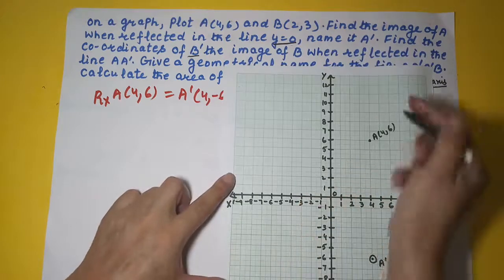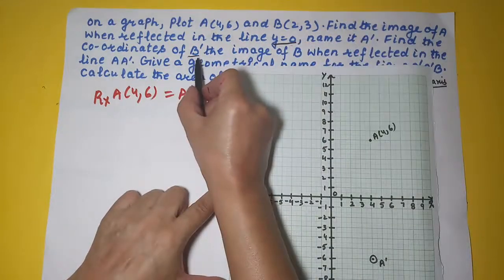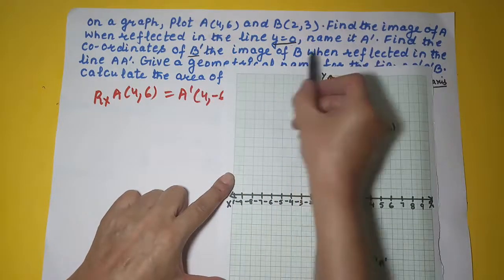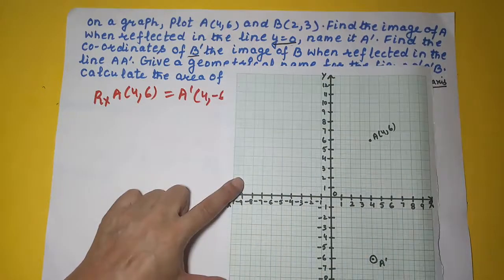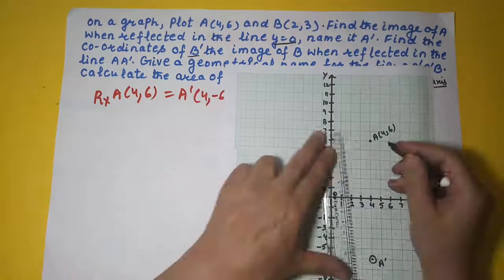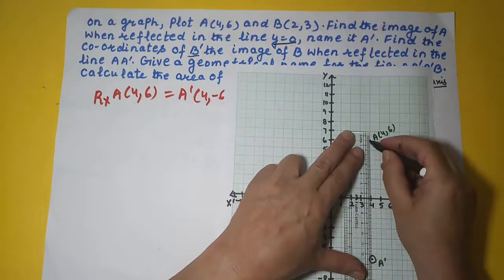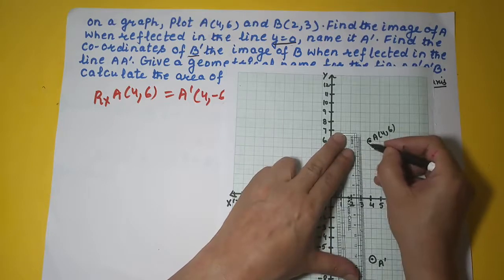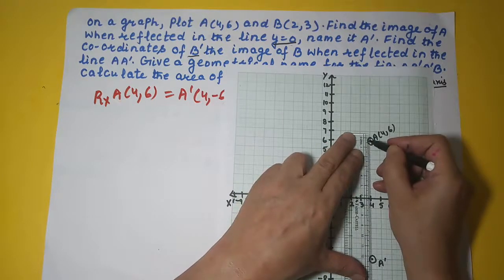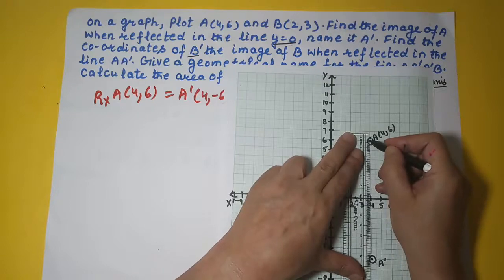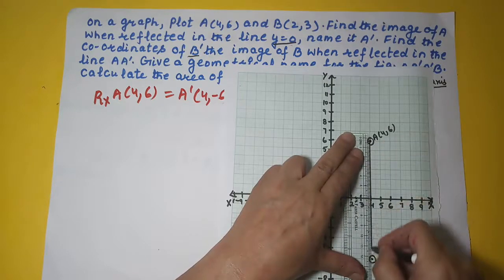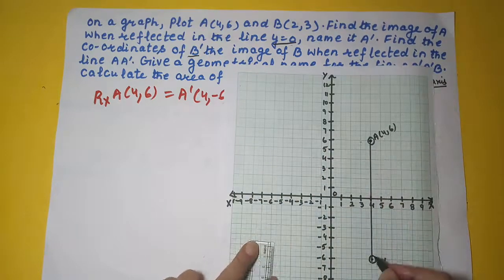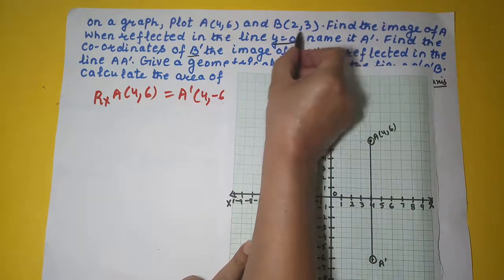Now he is saying to find the coordinates of B dash, the image of B when reflected in the line AA dash. So what will we do? We will join these 2 points, and by joining them we will obtain the line AA dash. Now what is my point B?